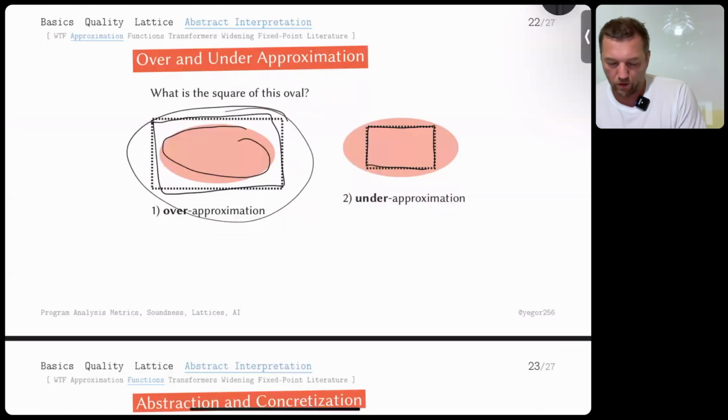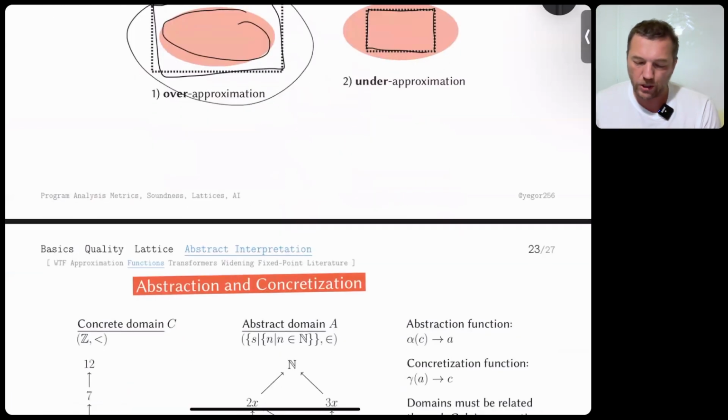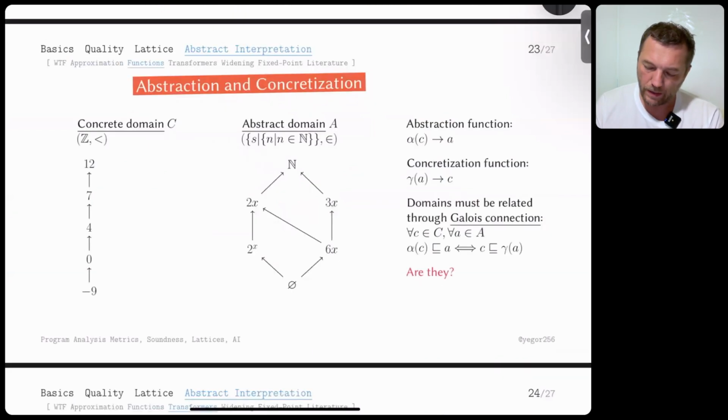Now, more specific about abstract interpretation. I'm moving to it step by step. I will show you two things before we go right into the mechanism of abstract interpretation. The first thing, you need to understand the mapping between the concrete domain and the abstract domain. Let's say we have the concrete domain, the numbers which the program is really working with.